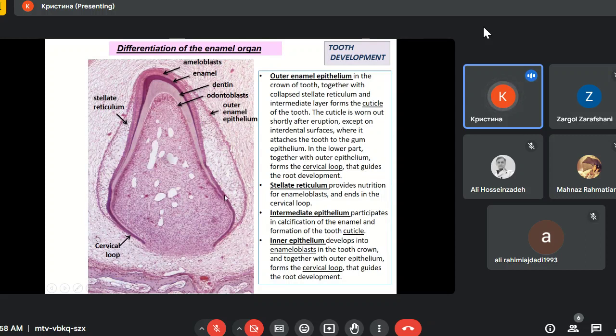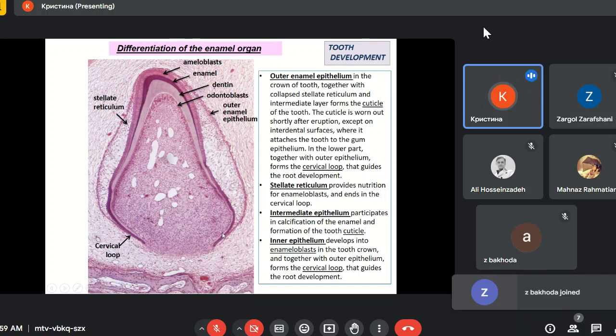Root should be covered with the cementum, not enamel. So in the root region of the future tooth, inner epithelium forms the cervical loop with the outer epithelium, which guides the root development.